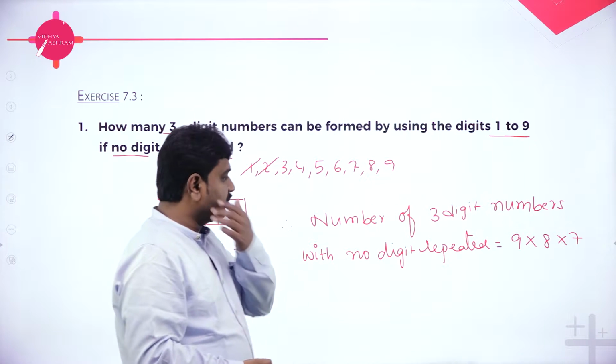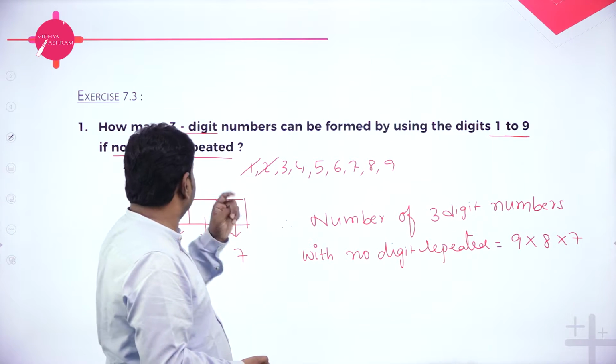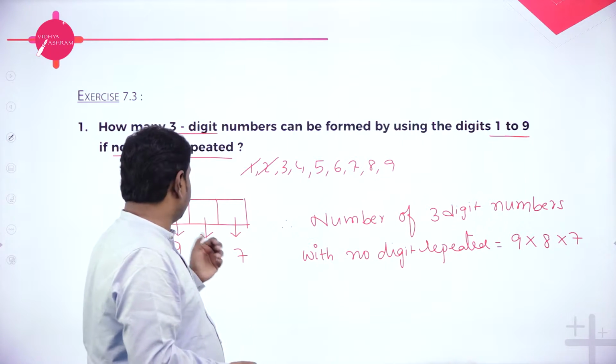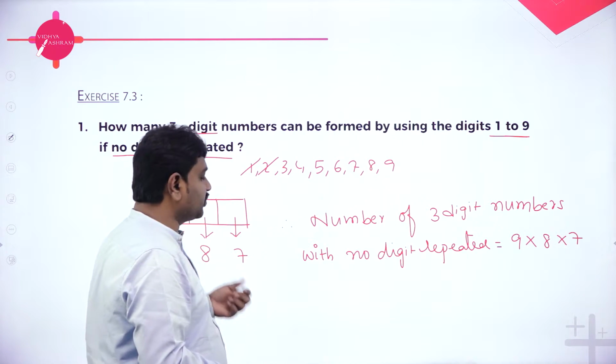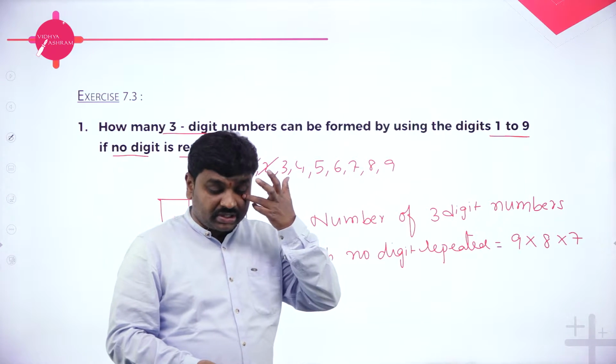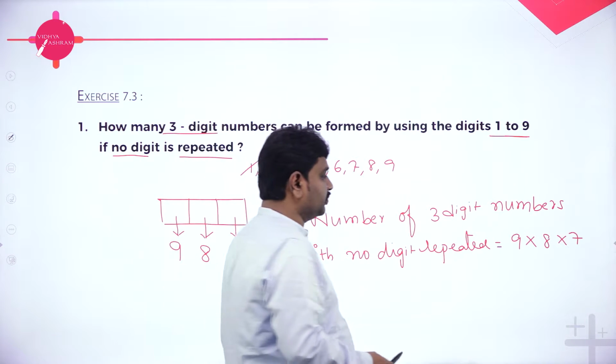So multiply this, you'll get the required value. Here 3-digit numbers they want, so I put 3 boxes. 1 to 9, 9 numbers are there. The first box can be filled in 9 ways, the second box can be filled in 8 ways, the third box can be filled in 7 ways. Now multiply these 3, you'll get the required value.